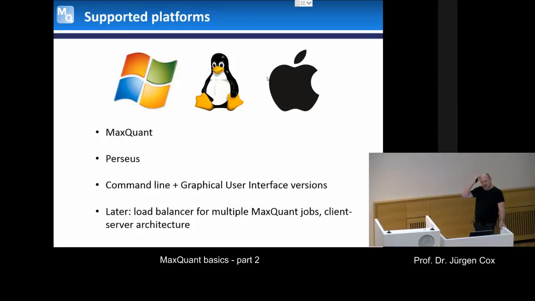There's an executable called MaxQuant CMD, for command line version, right? This just takes the mqpar file, the XML file that contains all of the parameter values, as a command line argument, and then crunches through the project, just like the graphical user interface version that most of you know.